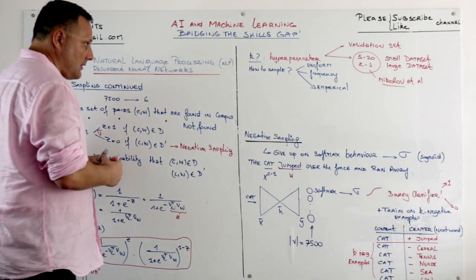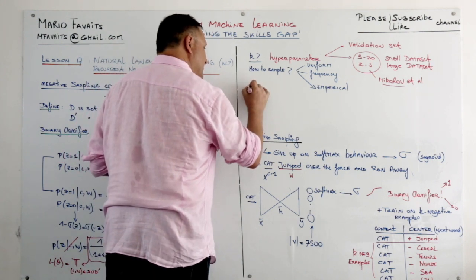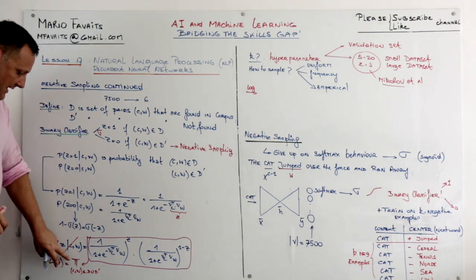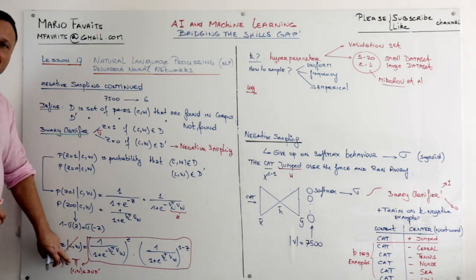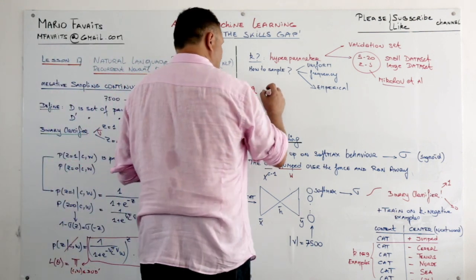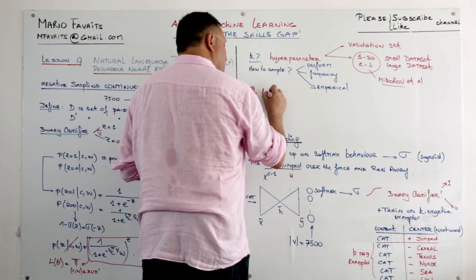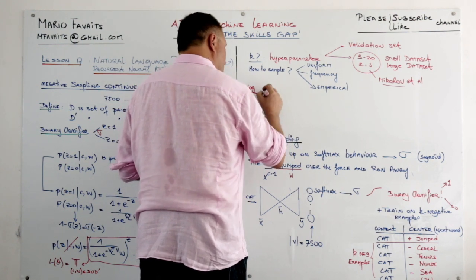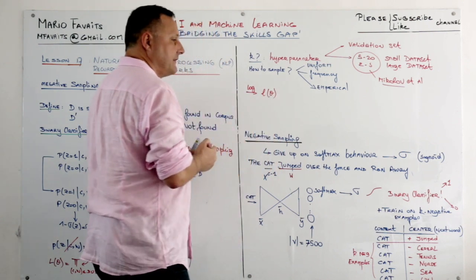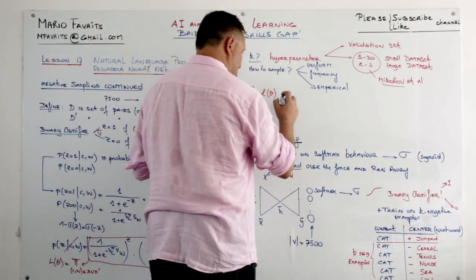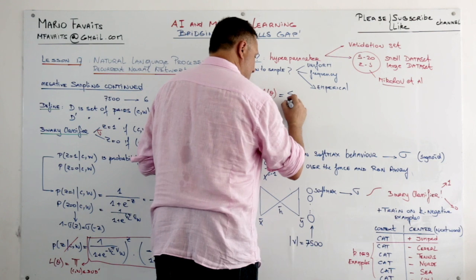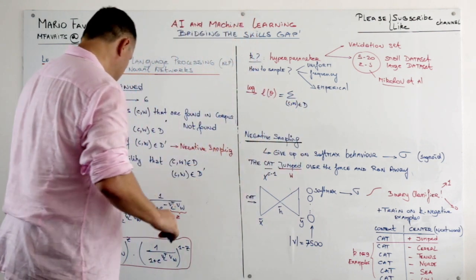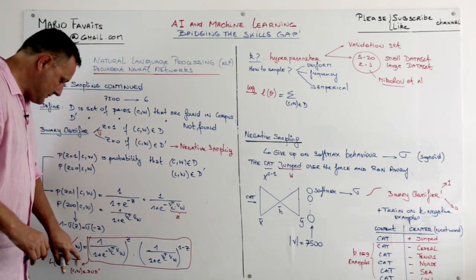Now, what we usually do is we take the log of the likelihood, because it transforms this product into a sum. So the log of L of theta, and we call this small l of theta, equals a sum over pairs that belong to D, and then we have this here.